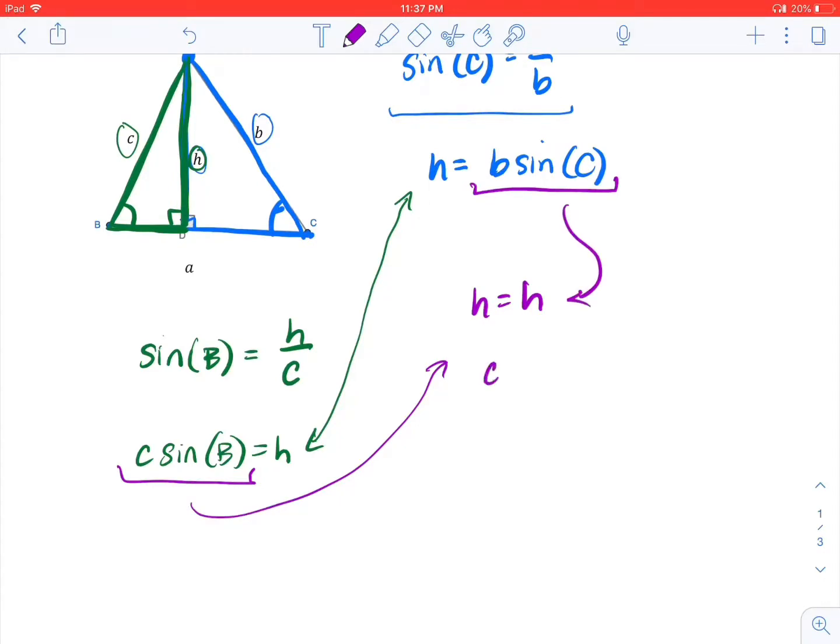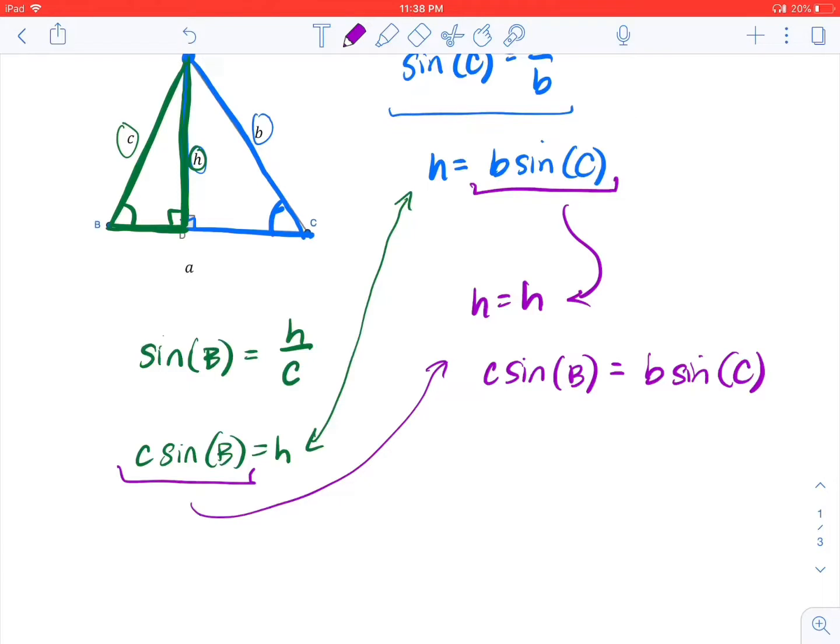That c times the sine of angle B is equal to b times the sine of angle C. And I have some interesting proportionality: the side multiplied by the sine of angle B is equal to a similar product with b and angle C.